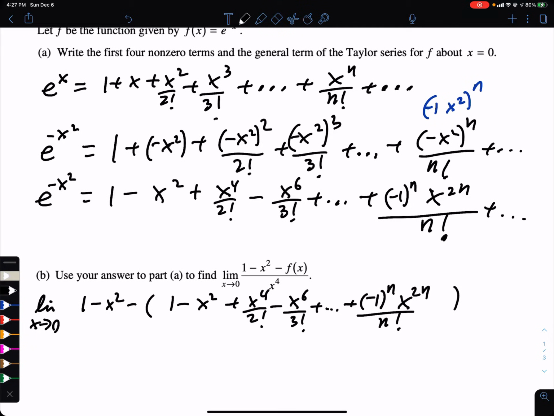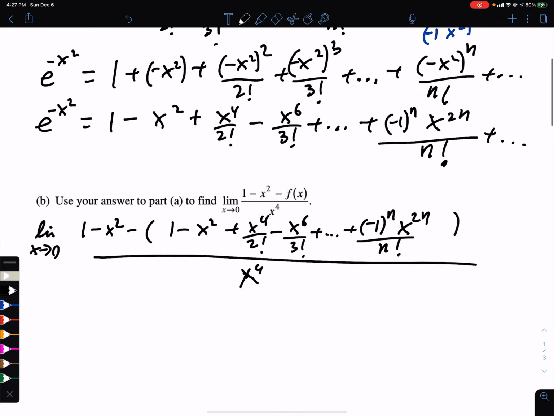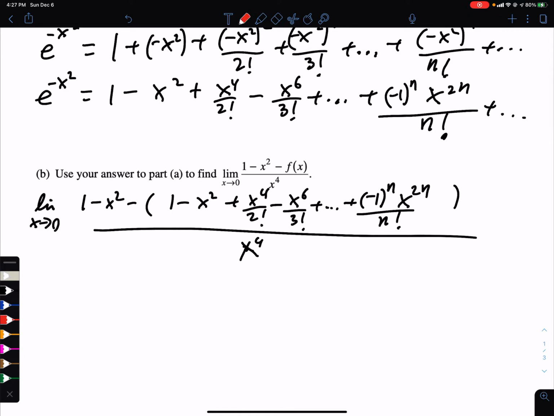And that is all over x to the 4th. Now, let me simplify some stuff. So you have 1 minus 1. Those are going to cancel. And then you have minus x squared, minus and minus become a plus x squared. Those will actually cancel out.